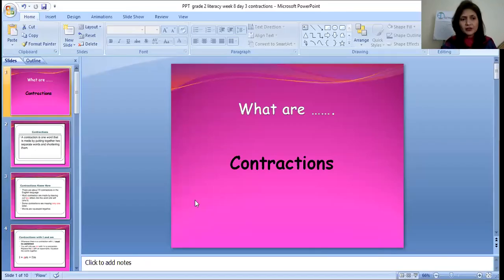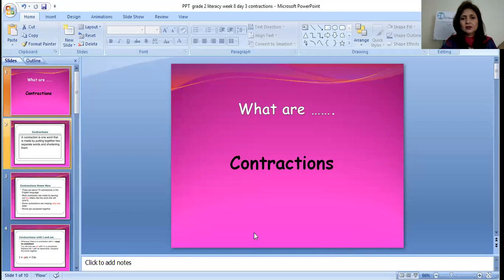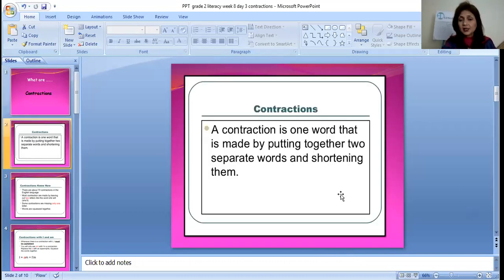Now, let's see a presentation and you will understand contraction more clearly. Now, what are contractions? Okay, there you go. A contraction is one word that is made by putting together two separate words and shortening them. Or you can say that contractions are words that have been made smaller.